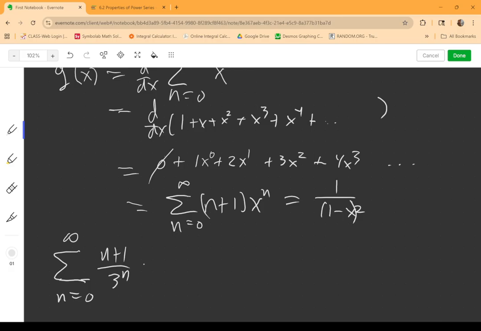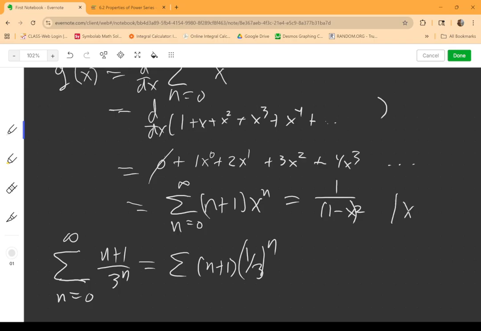One thing I can identify is that it's of the form that I just calculated, where in this case my x is 1/3.